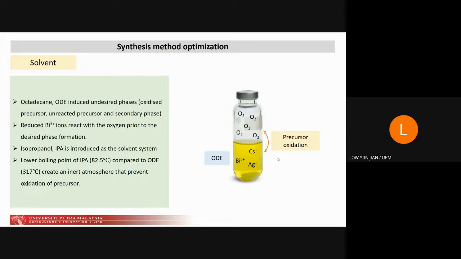And the bismuth oxide formation is caused by the atmospheric condition throughout the reaction process, as the reduced bismuth 3+ ion reacts with the oxygen prior to the undesired phases formation.